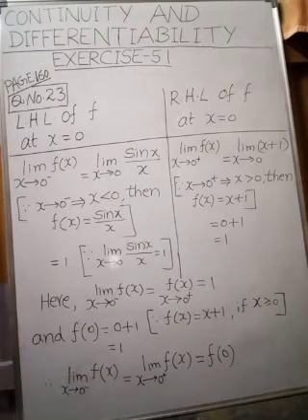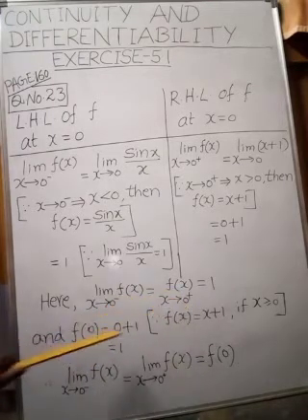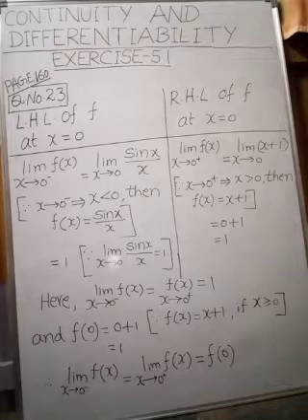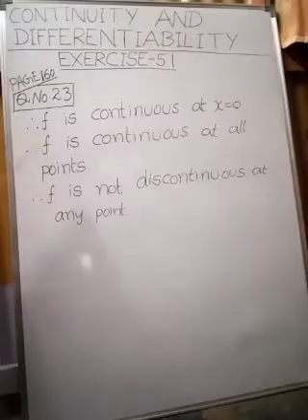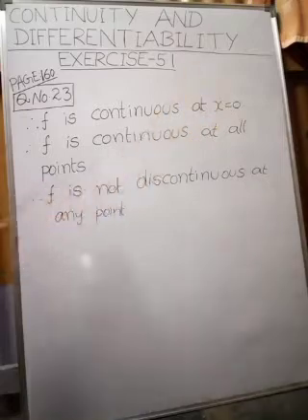So the left hand limit, right hand limit and function value at x is equal to 0, all these are equal. Then what can you say? f is continuous at x is equal to 0. Right. Therefore, f is continuous at x is equal to 0.